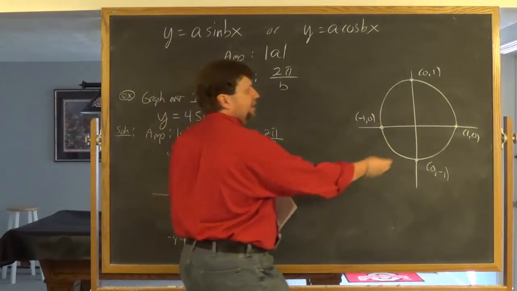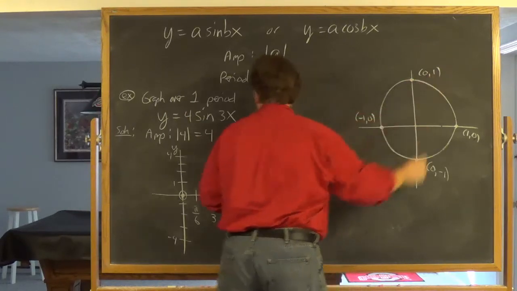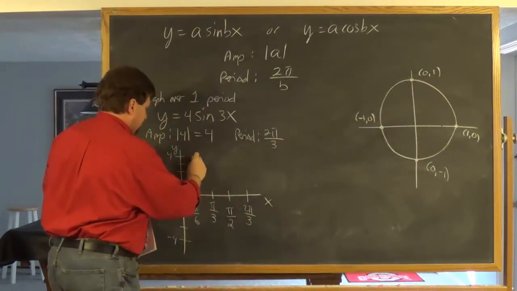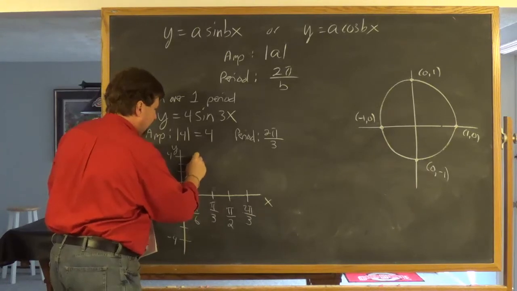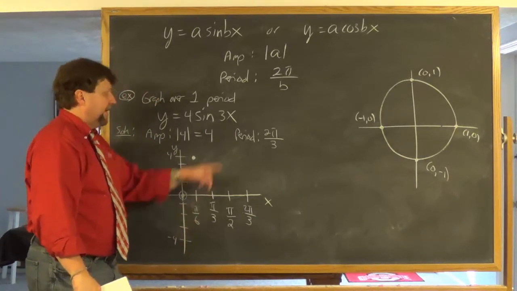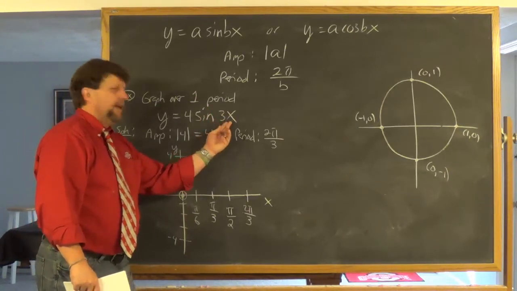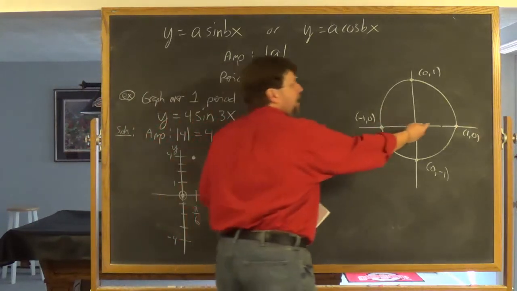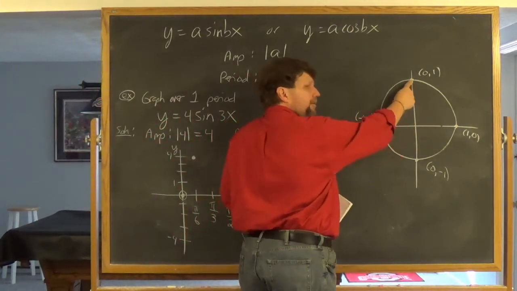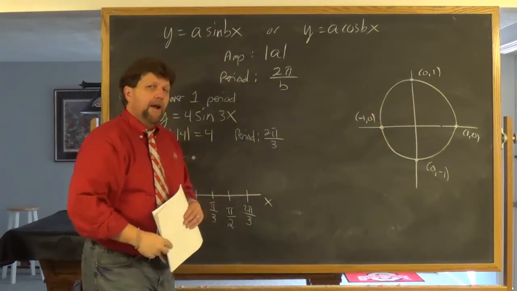The sine of pi over 2, well, pi over 2 is here. Sine of pi over 2 is that y-coordinate, which is 1. 4 times 1 is 4. Again, note the first quarter point. When we take that x value and toss it in here for x, notice that when we multiply it by 3, it's dropping us off at this very friendly point on the unit circle, the point that's a quarter of the way around the unit circle.